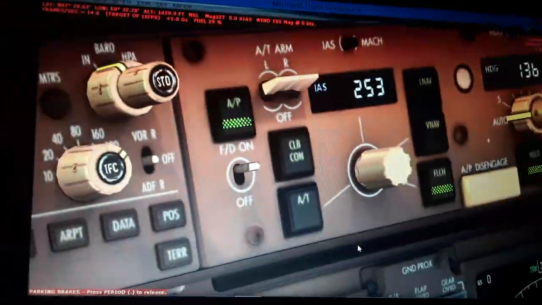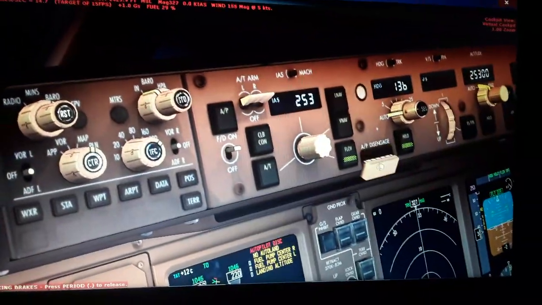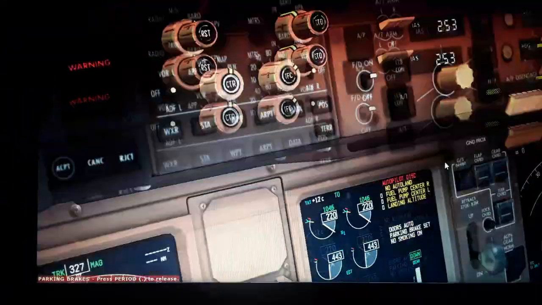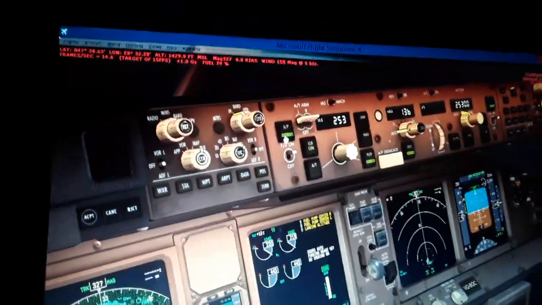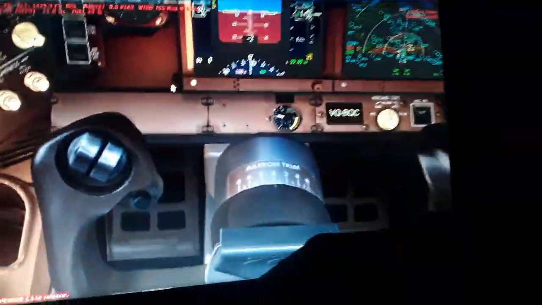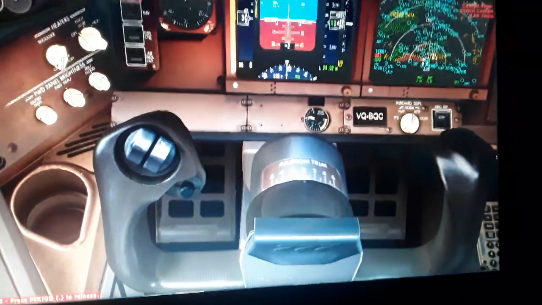So this disconnects already, so the autopilot, you will have the warning and the autopilot disconnect. And we can also reset one more time, and you can disconnect by moving the control wheel or by pressing this one time.